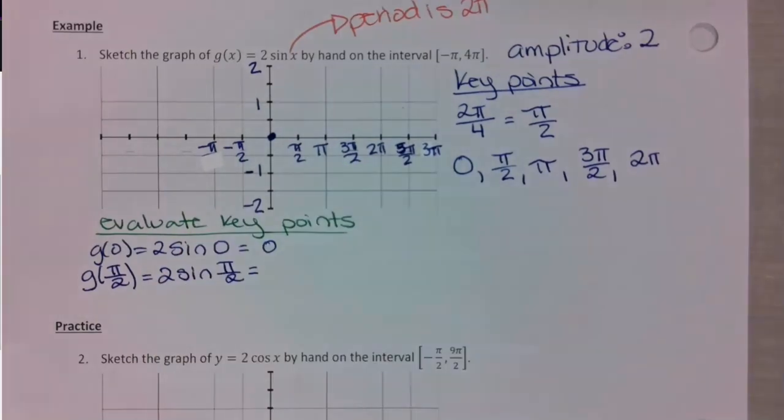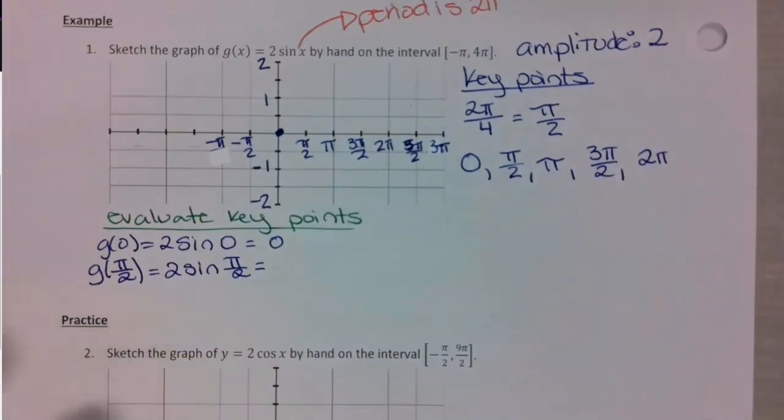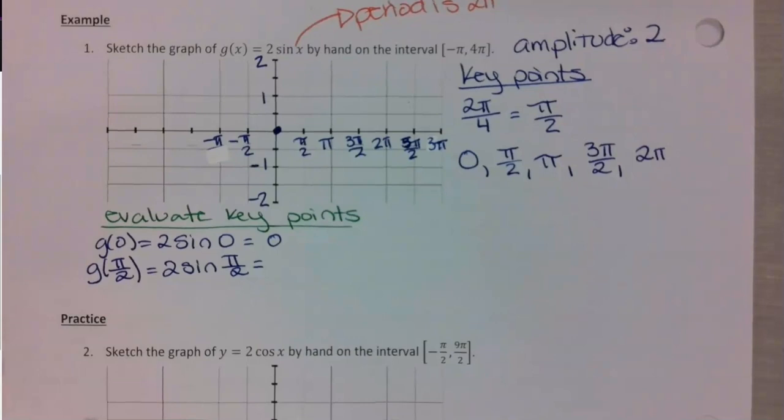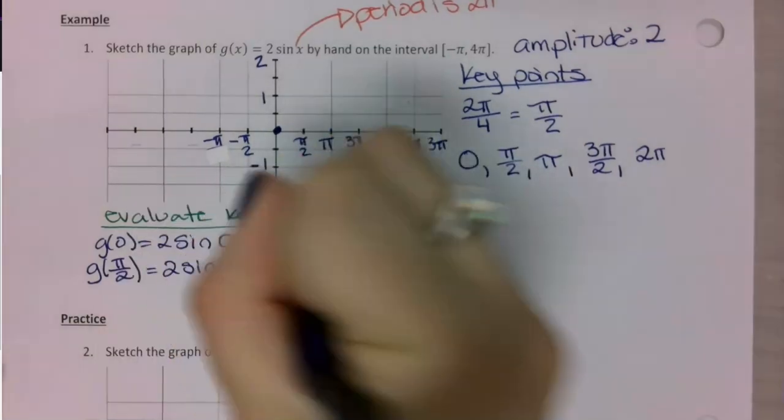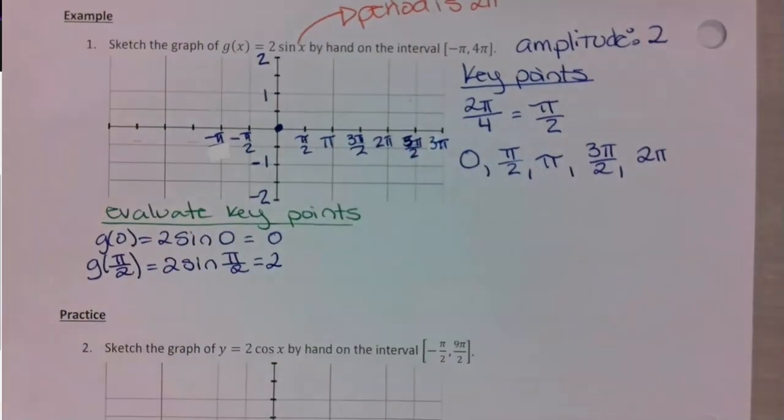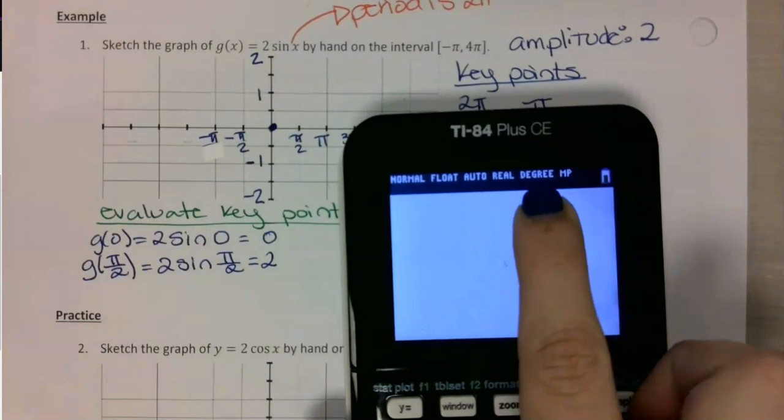Okay, so 2 sine pi halves is 2. So when you're typing this in the calculator, you want to make sure you're in radians. If I'm on a new calculator, remember at the top it'll tell me.